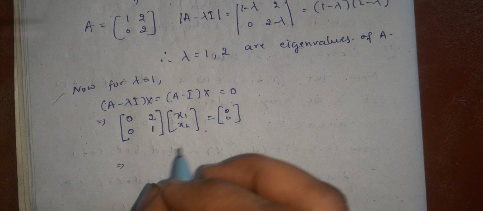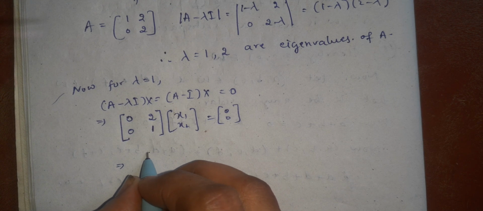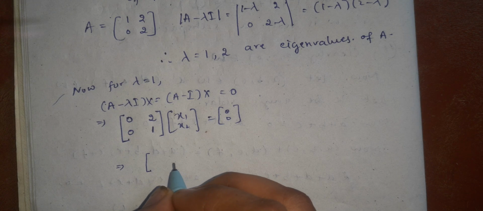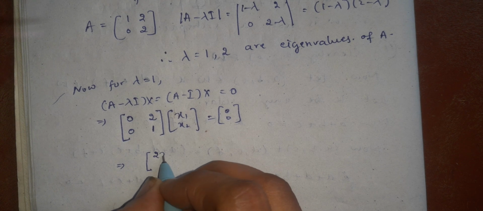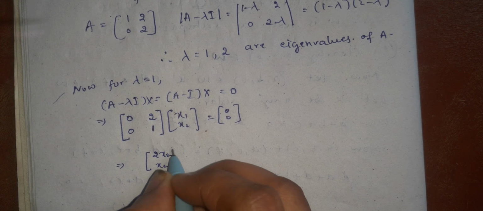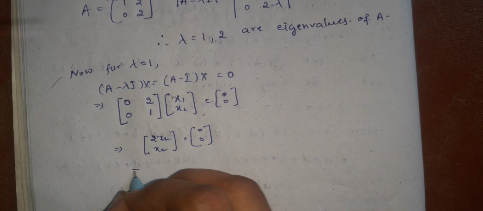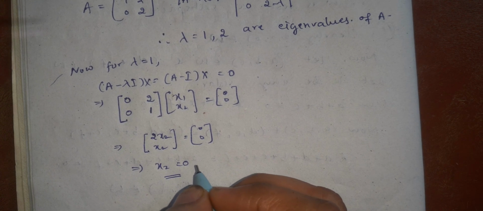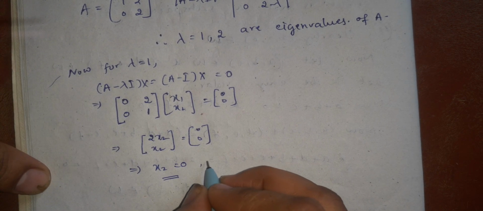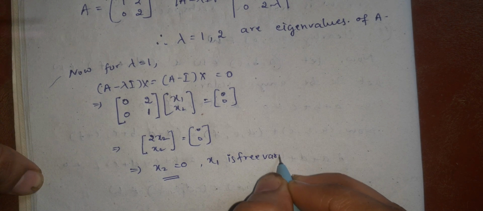So you will get 2x2 equal to 0, so x2 is equal to 0. x1 is a free variable.